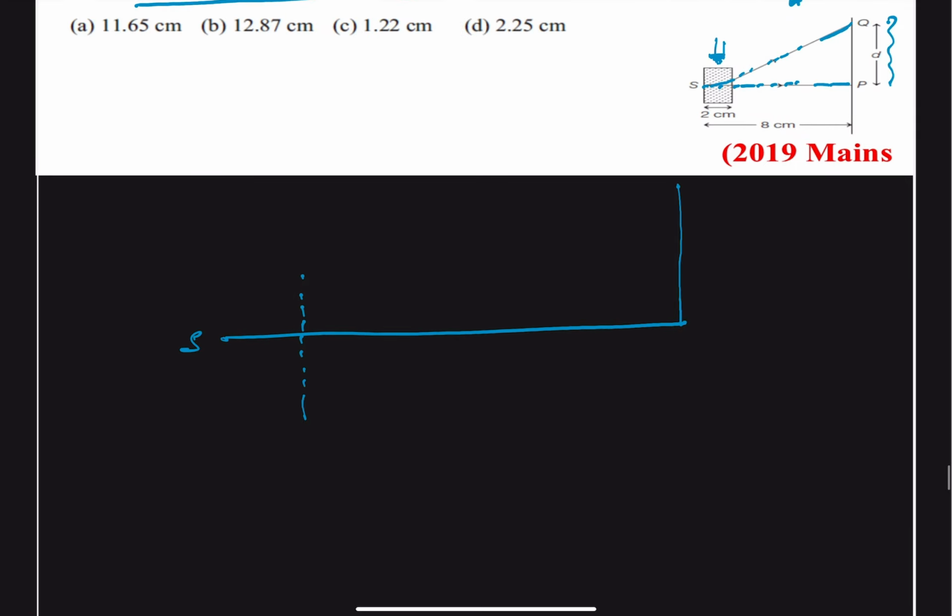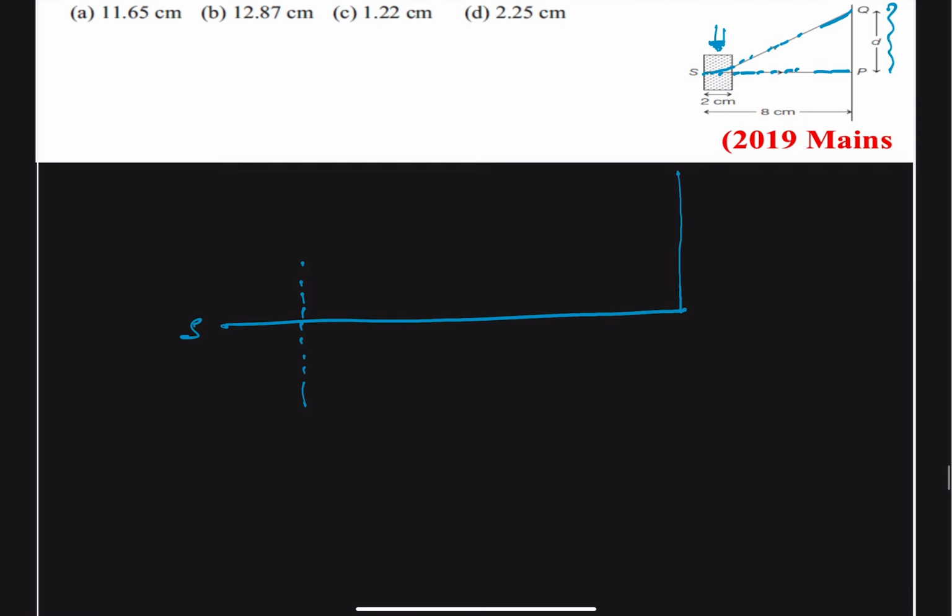So ultimately it is going to follow a curved path. Let us suppose this is the curved path it is being followed, something like this. Let me make this a shorter one.